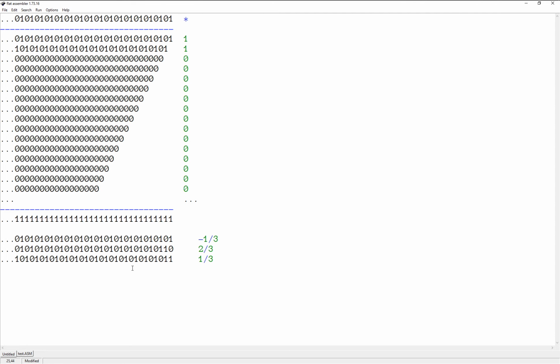We could use it as a kind of magic number to divide by 3, because the low n digits of any product only depend on the low n digits of the factors. So if, for example, we take the low 8 bits of this number and we multiply another 8-bit number by it, then the low 8 bits of the result are going to be the same as the low 8 bits of 1/3 times the other number.